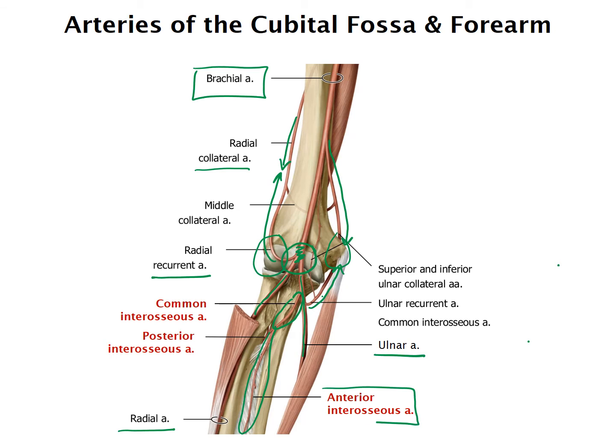Here you see the anterior interosseous artery coursing just anterior to the interosseous membrane, which is shown here in white. Notice how the posterior interosseous artery courses deep to the interosseous membrane. The posterior interosseous artery therefore supplies the extensor compartment of the forearm. The anterior interosseous artery will supply the deep muscles of the flexor forearm.